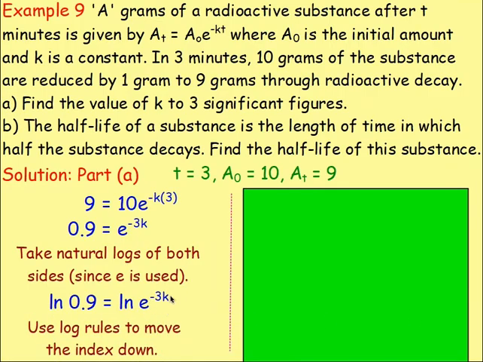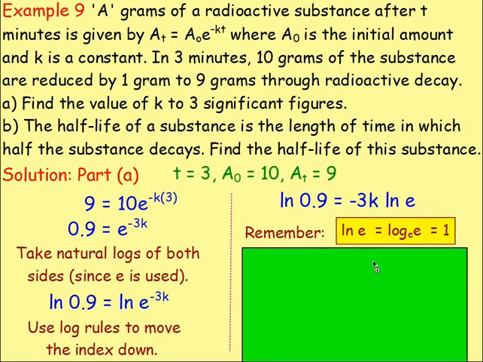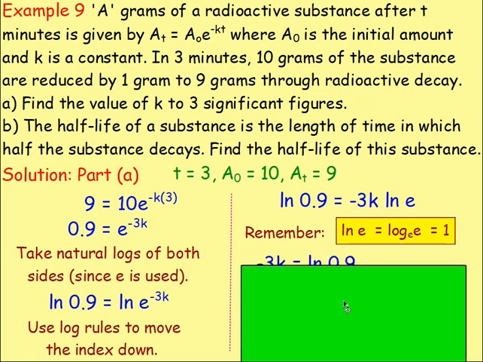So bring this negative 3k down to the front. If you do that, you'd have ln 0.9 equals negative 3k times ln e. Once again, Chelsea, ln e is equal to 1. It means log base e of e, which is equal to 1. So that will disappear, leaving us with negative 3k equals ln 0.9.